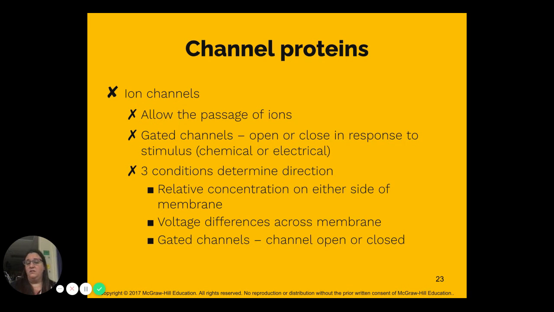There's going to be a couple conditions that determine that: how much concentration of the substance is on either side of the membrane. Because remember, in nature, things flow from a high to a low. Anytime we want to go from a low to a high, where there's a little bit of something to where there's a lot, it's going to take some energy. Also, like with our neurons, we have a voltage difference across the membranes, so that will determine how things can flow. And then there are these gated channels that can either be opened or closed, which will also determine if things can flow.